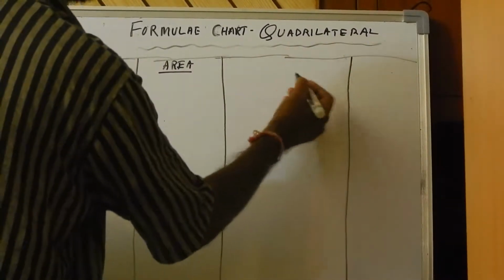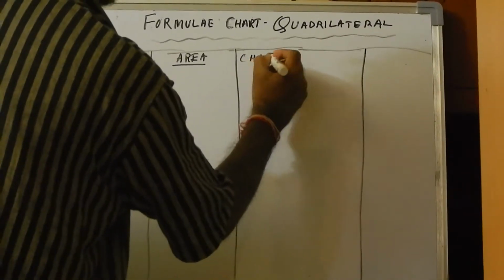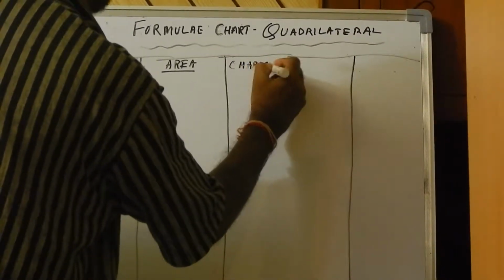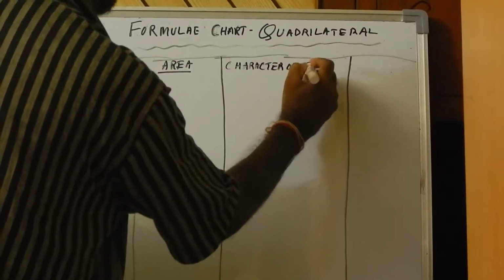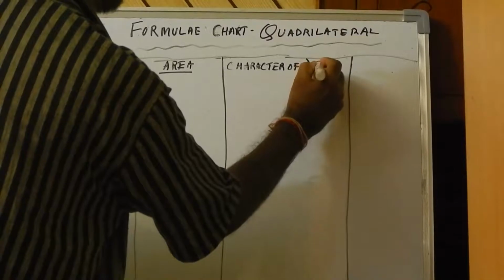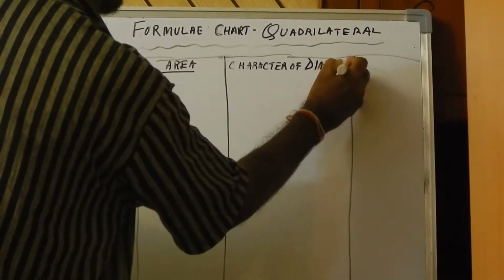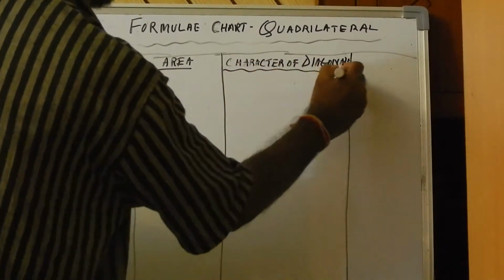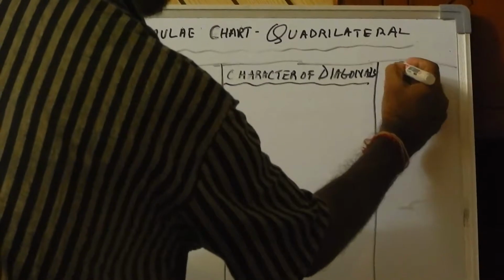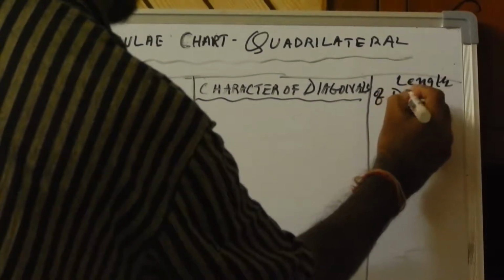Third one is character of diagonals. And the last one is length of diagonals.